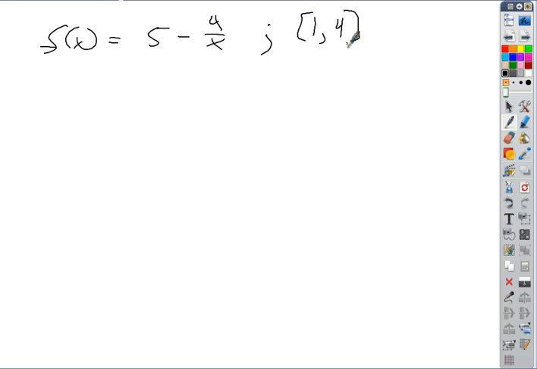So we want to find all the places that satisfy the mean value theorem, all the values of x, which we'll call c when we're done, where the derivative equals the average rate of change on that interval. What's the derivative of our function?